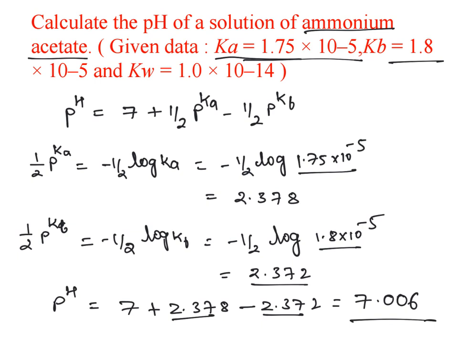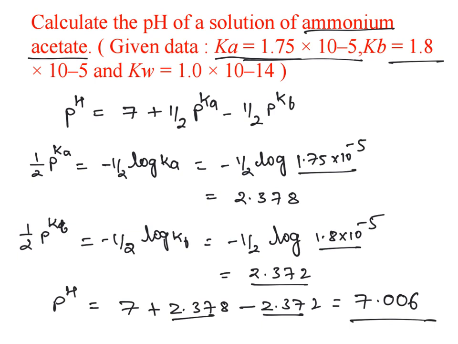So this is the way we have to solve pH problems for a weak acid, weak base salt. So this is the last salt hydrolysis case. We have discussed the strong acid weak base salt and strong base weak acid salt, and lastly the weak acid weak base salt.